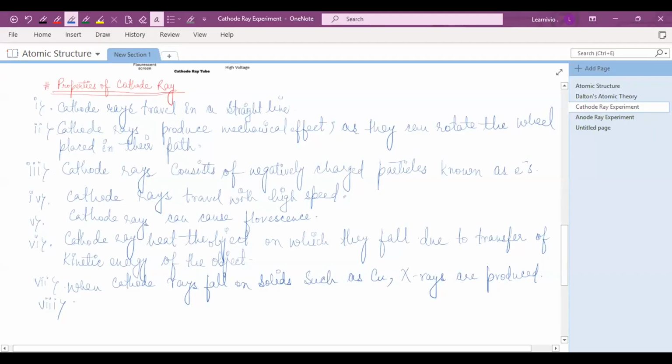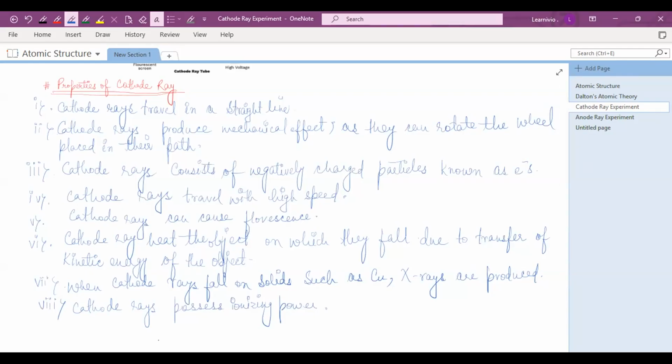And one more property is that cathode ray possesses ionizing power. So what is ionizing power?